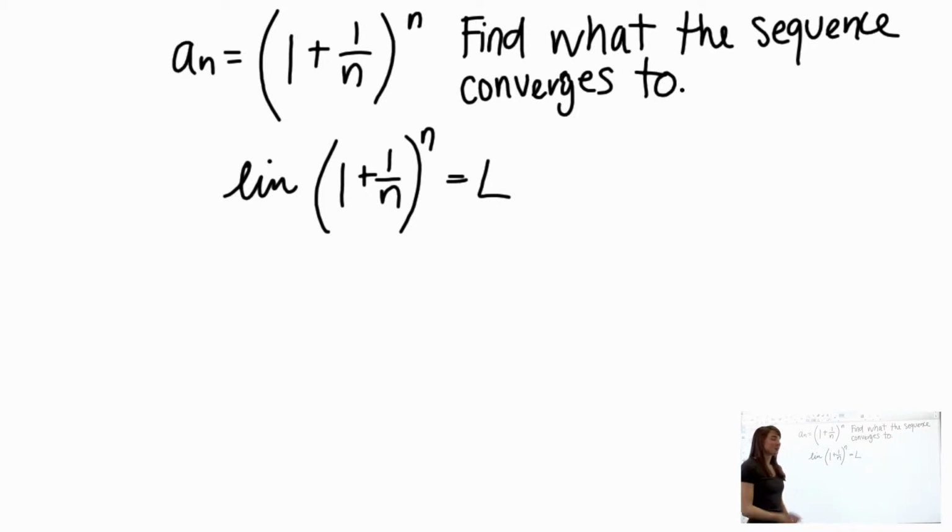So we're going to start by taking the natural log of both sides, and this is why we make it equal to L, so that we can do the one thing to both sides. And this is the limit as n goes to infinity.